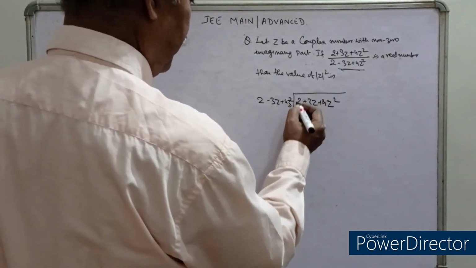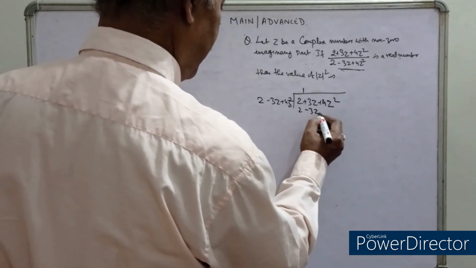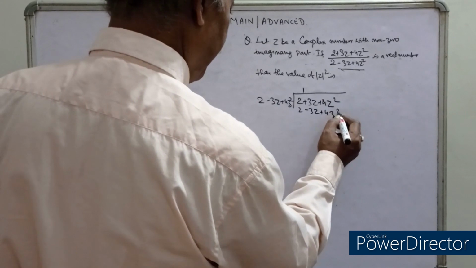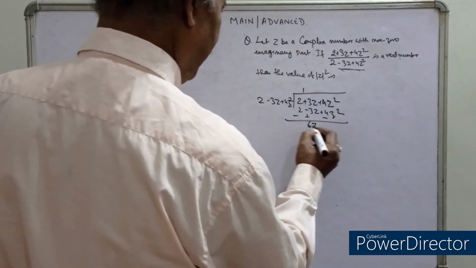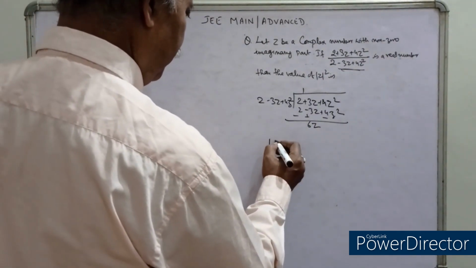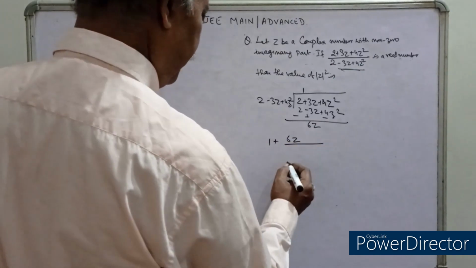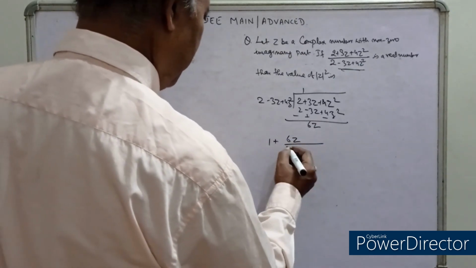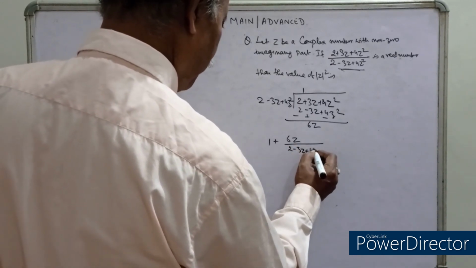So this will be 1 times 2 minus 3Z plus 4Z square, so minus plus minus, that is equal to 6Z. So this will be 1 plus 6Z by 2 minus 3Z plus 4Z square.